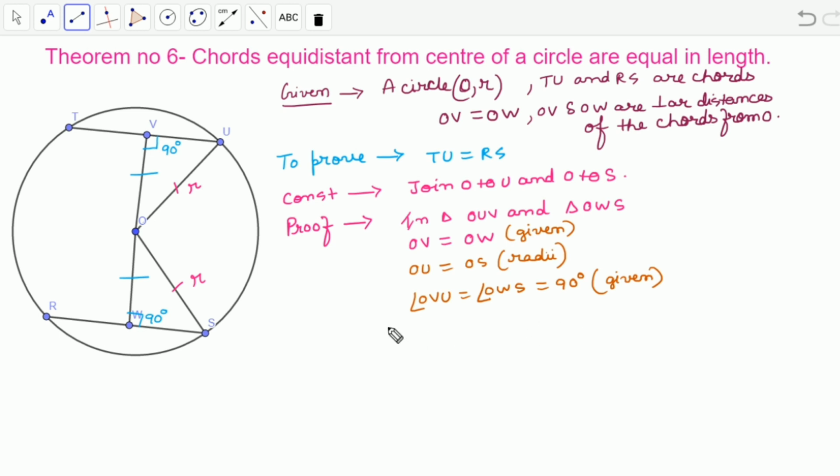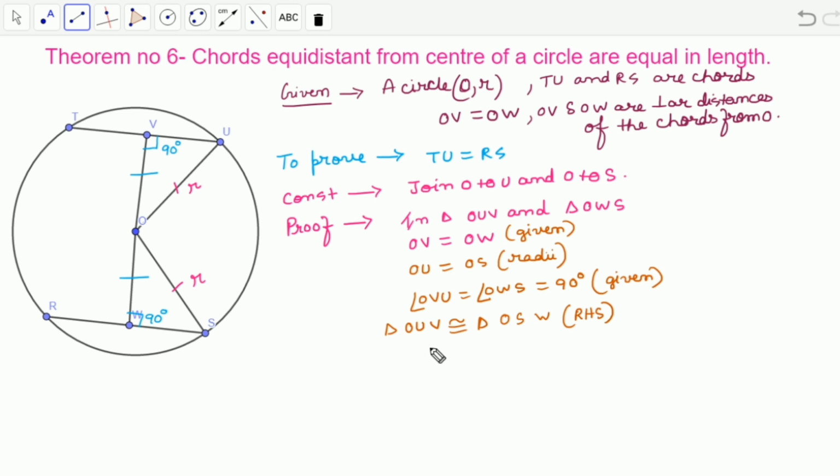So again, triangle OUV is congruent to triangle OSW, since V is 90 degrees and W is 90 degrees, with OU equal to OS and OV equal to OW, and the congruency will be called RHS.